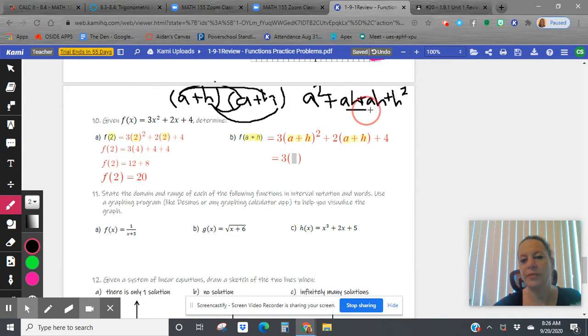And then I combine these middle terms here. How many total? I have 1, 2 ah's. So I have a squared plus 2ah plus h squared.